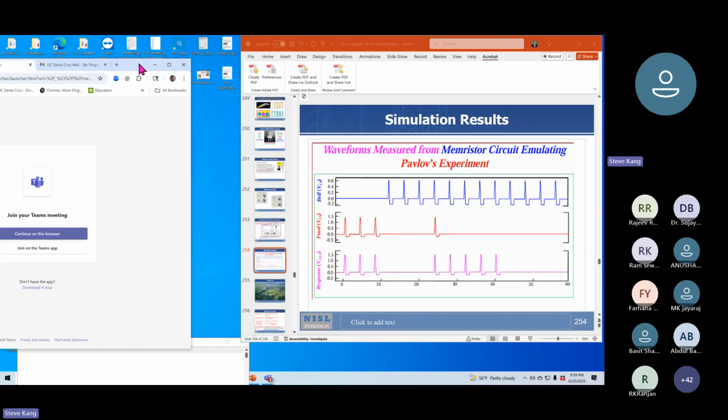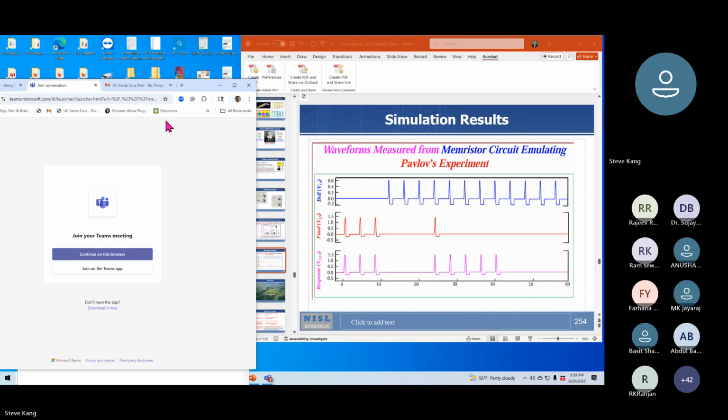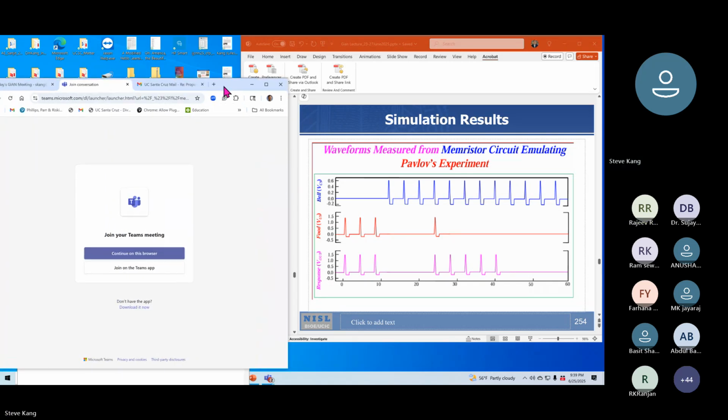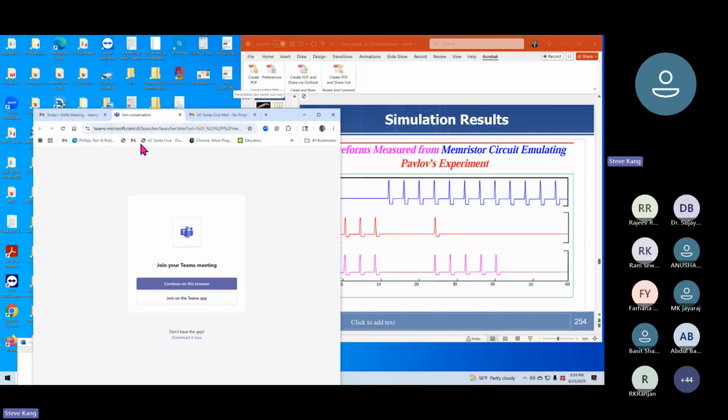I lost the contact on the chat box. Oh, the chat box is gone. Let me see whether I can get the chat box back.